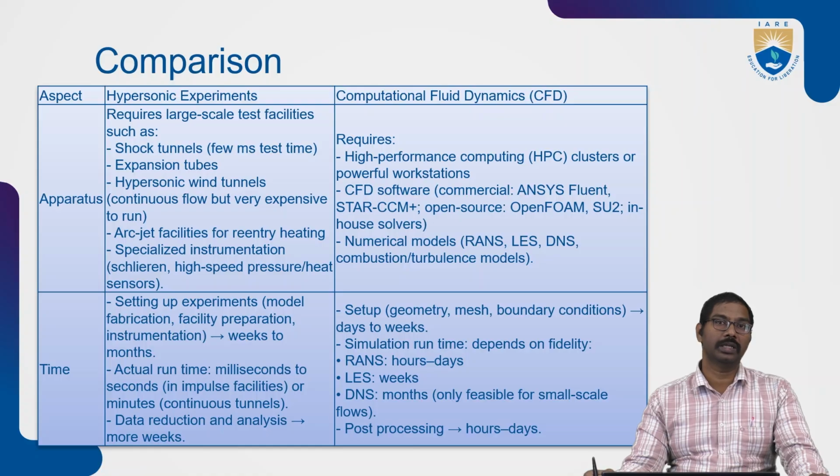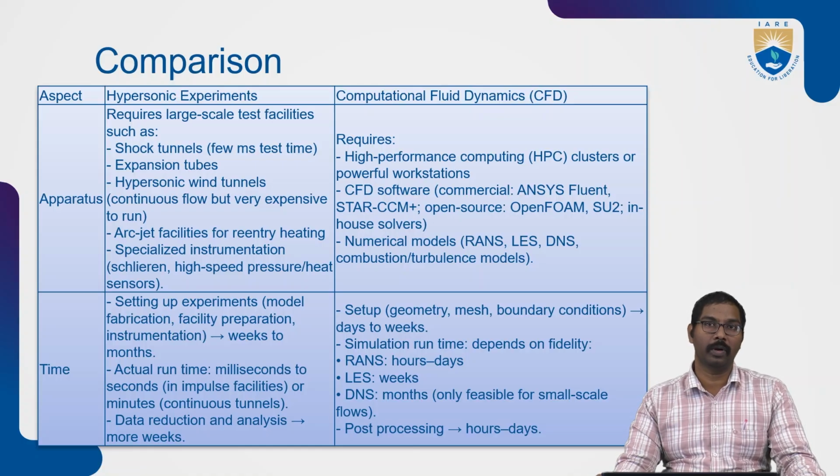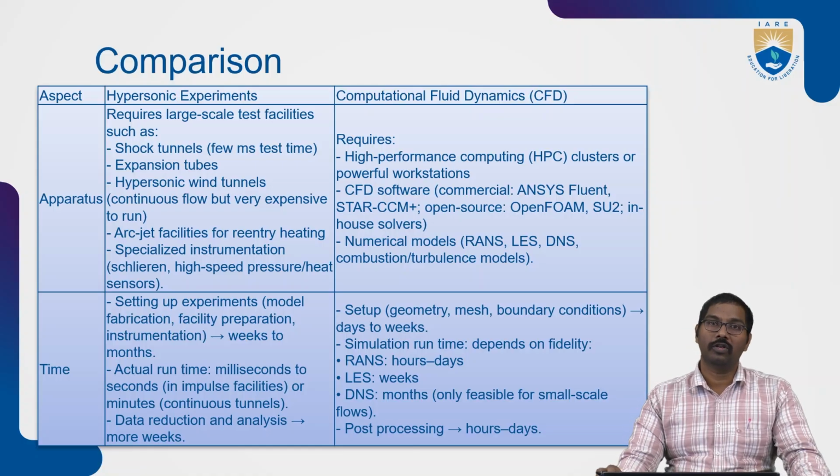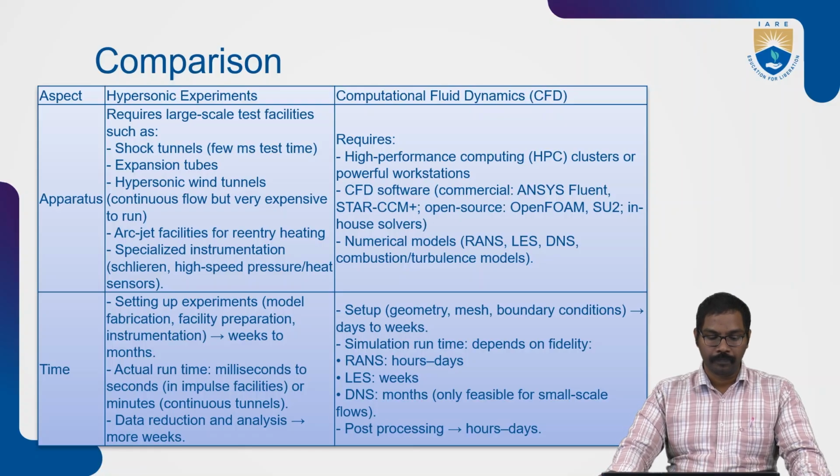We have to change the apparatus according to the problem which we are going to face, and also the equipment like Schlieren apparatus, or shadowgraph method, or the cameras which we are going to use have to be changed. Like that, each and every equipment or apparatus changes from experiment to experiment. Because of that, the cost of the research in the experimental procedure is going to be very high.